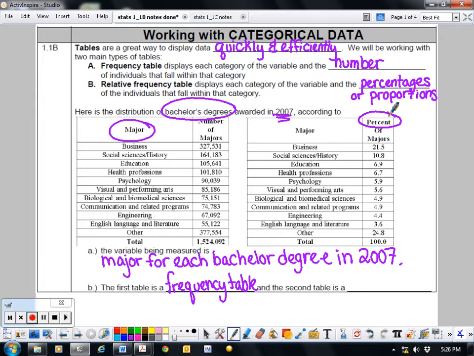A lot of times we work with percentages, especially when we have such big numbers, so that we can look at the whole picture. What's the breakup? Where do we see the most people going? It helps us figure out how everything relates to each other, and that's how it becomes a relative frequency table, because we see the relationships between them.